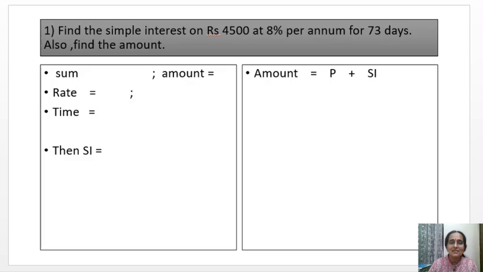Find the simple interest. Read the question. Find the simple interest on rupees 4,500 at 8% per annum for 73 days. Also find the amount. How will you calculate the amount?